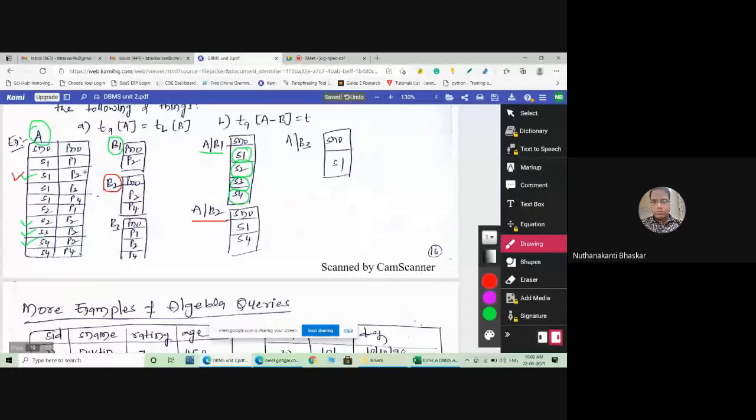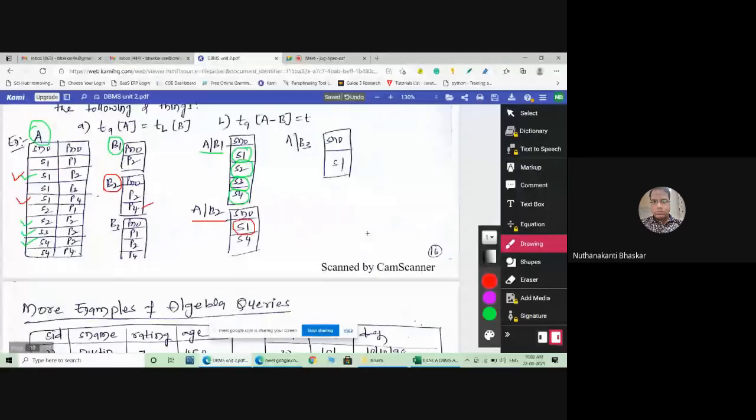Now P2 is there for S1. Now the same S1 must be there with P4 also, then only it will be divisible. P2 is there for S1. Like that, we need to check P4 for S1. Here where is the P4? Here P4 is there for S1. Yes. So that S1 will be out.